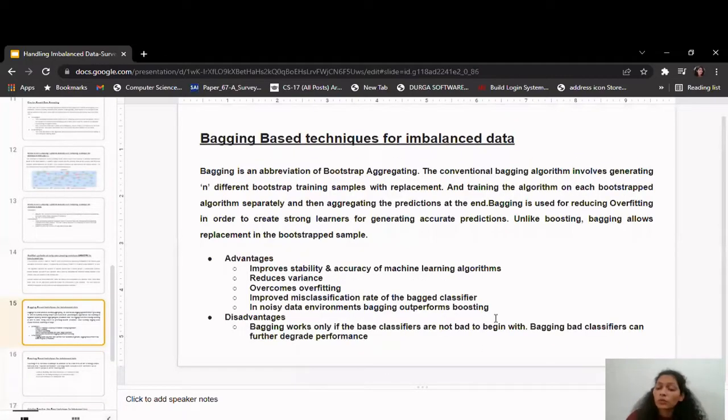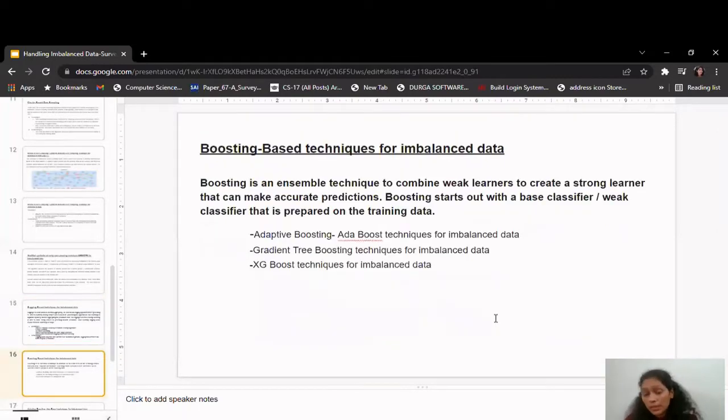So let's go further to boosting based techniques. Boosting based techniques are further divided into three more categories. So let's first talk about boosting. Boosting is an ensemble technique to combine weak learners to create a strong learner that can make accurate predictions. Boosting starts out when a base classifier or weak classifier is prepared on the training data.